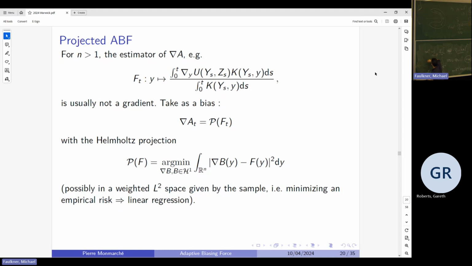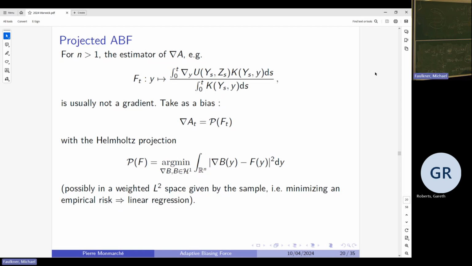This is a function of y. Possibly if the dimension of y is more than 2, people know how to do that. We have tools to infer functions in more than dimension 2 when they minimize some empirical risk.